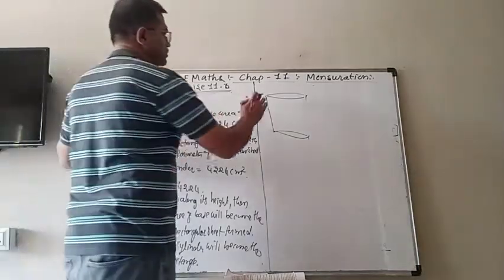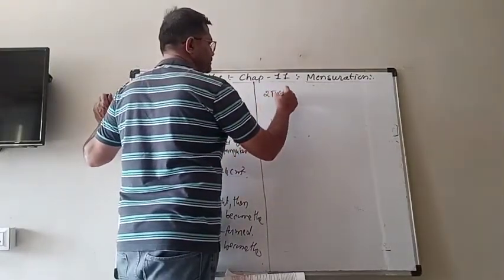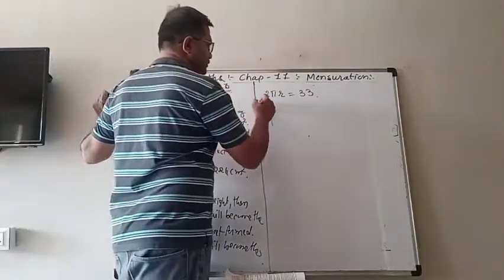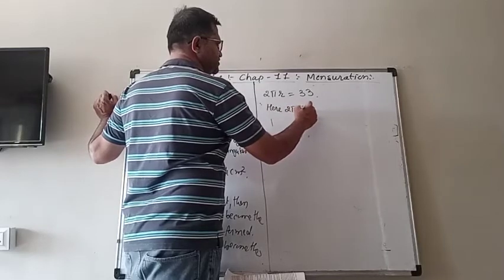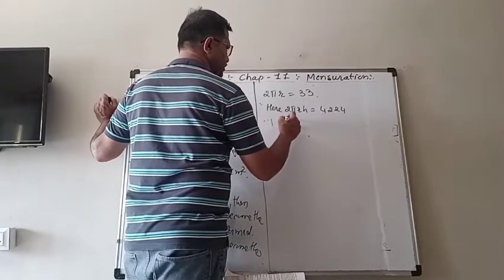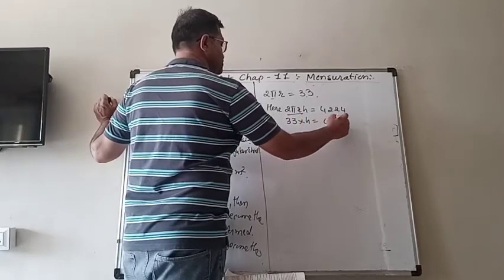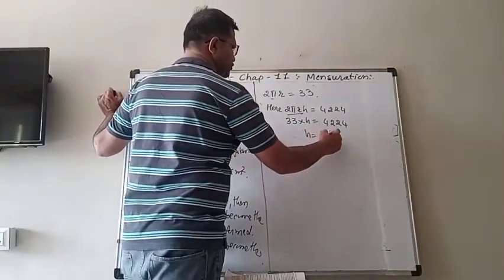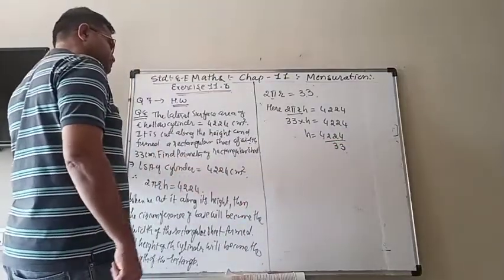So now here 2 pi r is 33, and therefore here we are given that 2 pi RH is 4224, and therefore in the place of 2 pi r we can put 33 into h is 4224. So h is equal to 4224 divided by 33.